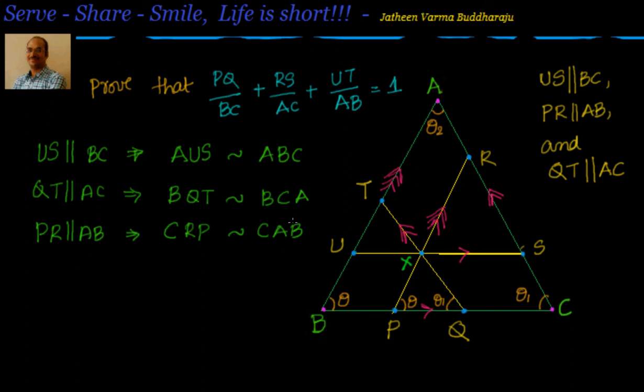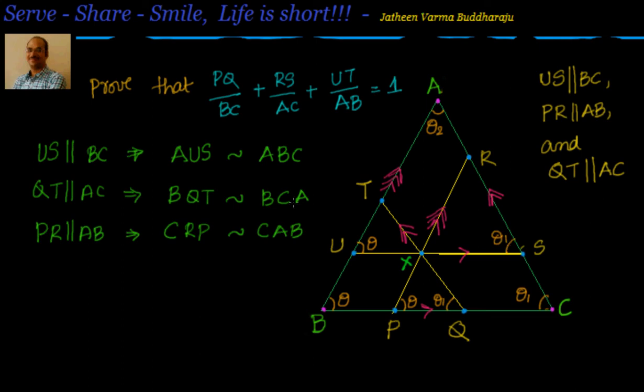Okay, right. What else can I tell? I can tell that if angle ABC is theta, angle AUS is also theta because corresponding angles are the same. Similarly, if angle BCA is theta 1, angle USA is also theta 1. That's good, interesting. What else can we say?